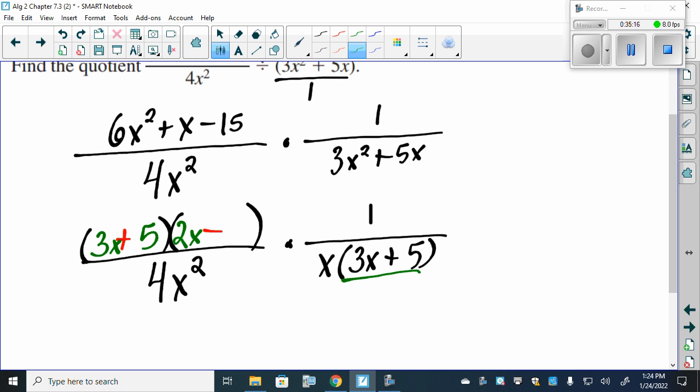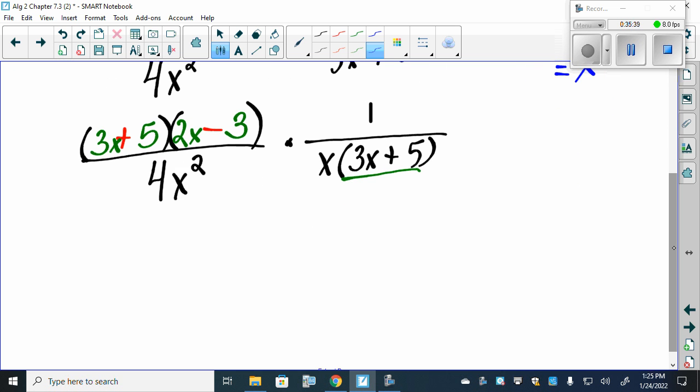And what I'm hoping is that the 5 would be positive and the 3 would be negative. Now if we do check this, 3x times negative 3 would be negative 9x. 5 times 2x would be plus 10x, which gives us a positive x, which we wanted. So that does work out.